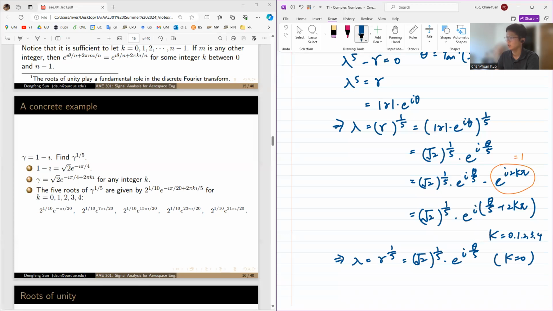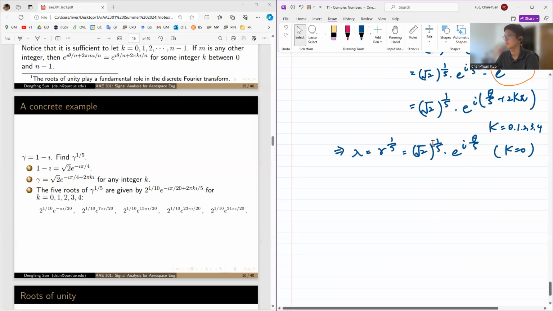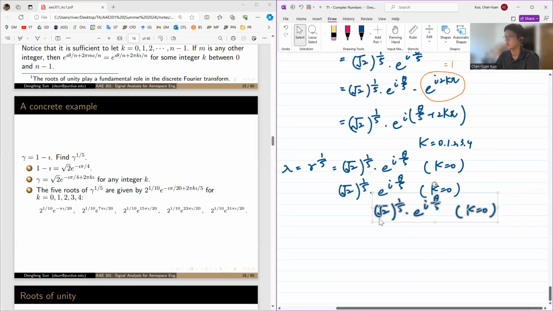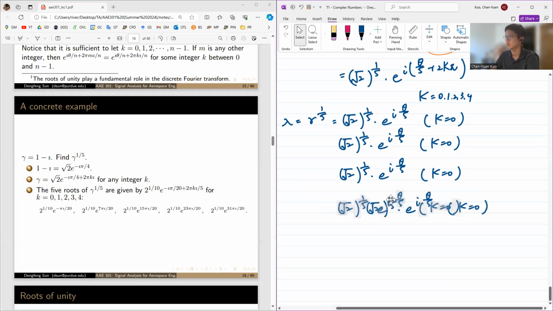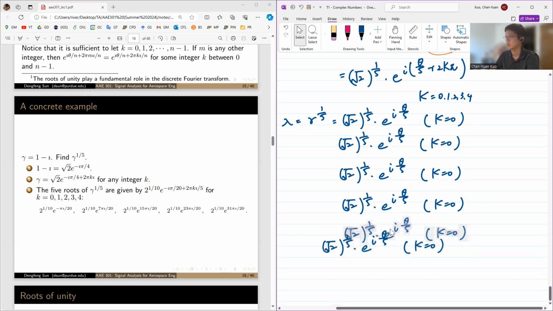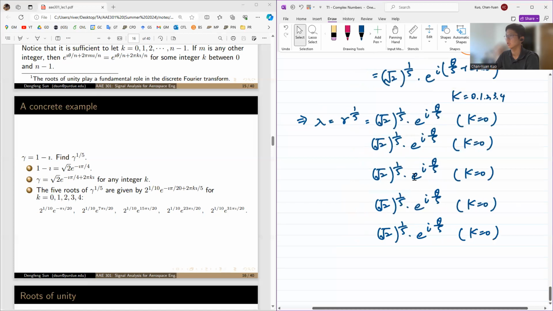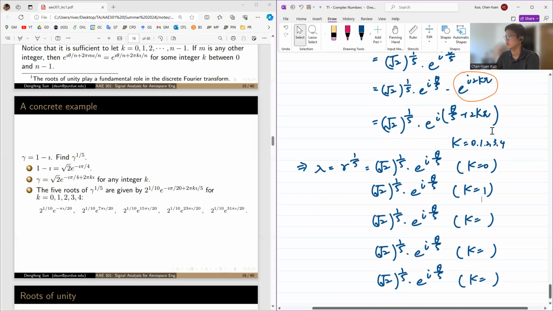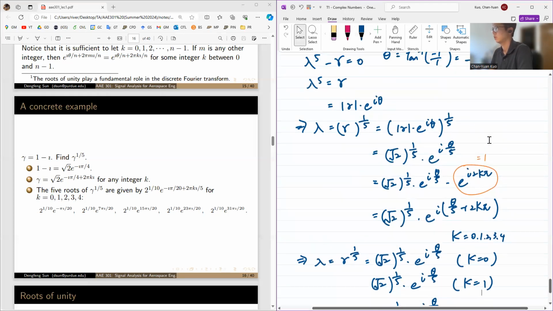And here we will have, let's see, this is k equals 1.